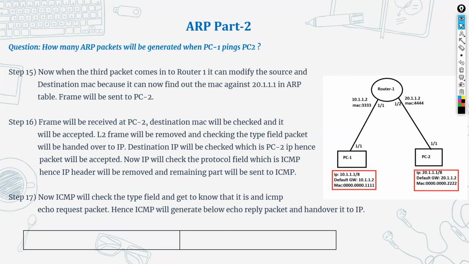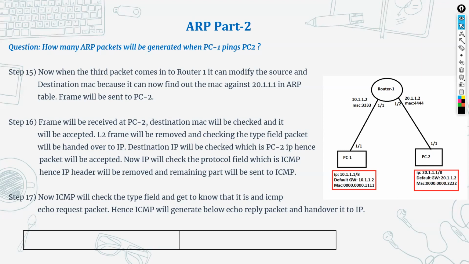Now IP is going to check the protocol field, which is ICMP protocol number 1. So IP is going to hand over this information to the ICMP protocol. ICMP is going to check the type code, which is type code 8, which means it is an ICMP request packet.